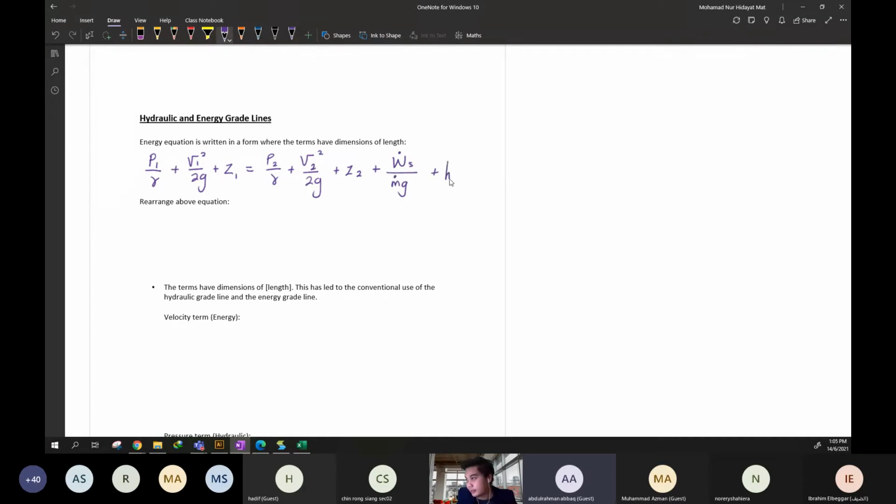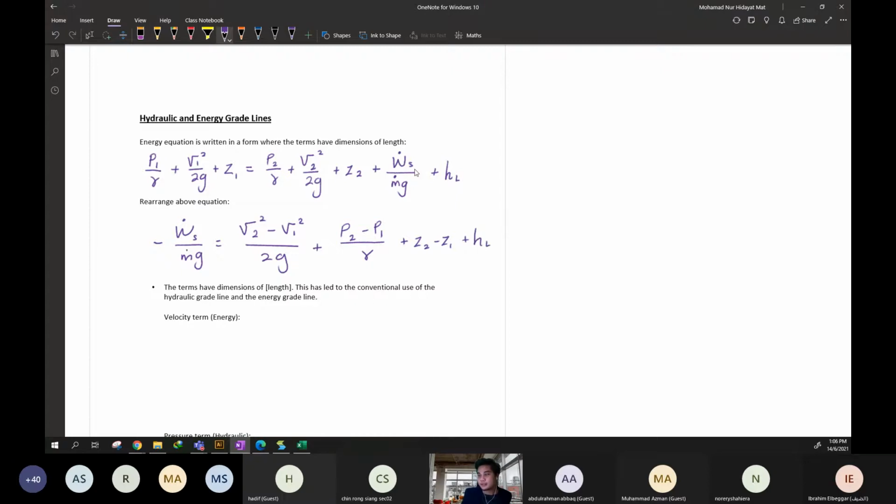over mg plus head loss. Okay, so here you try to rearrange, you will find out that this work rate W over m dot g is equal to V2 squared minus V1 squared over 2g plus P2 minus P1 over gamma plus Z2 minus Z1 plus head loss.